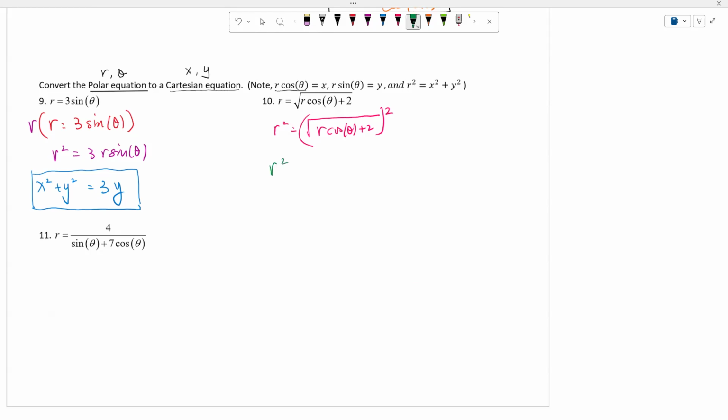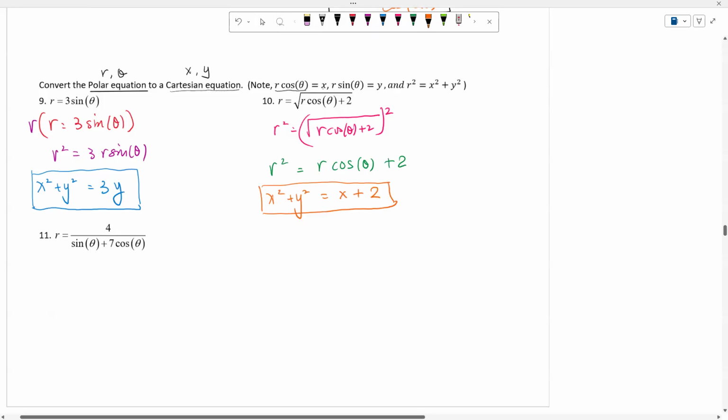Then r squared is r cosine of theta plus 2, and in this case, I will have x squared plus y squared equal to x plus 2. I hope that you notice that these two equations, x squared plus y squared equal to 3y and x squared plus y squared equal to x plus 2, are actually circles, right?